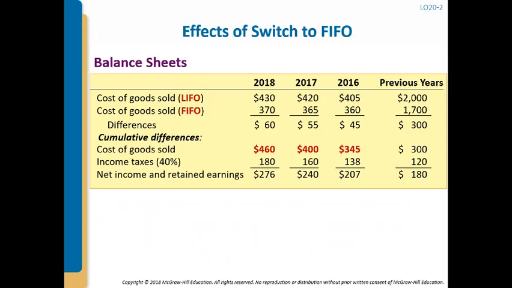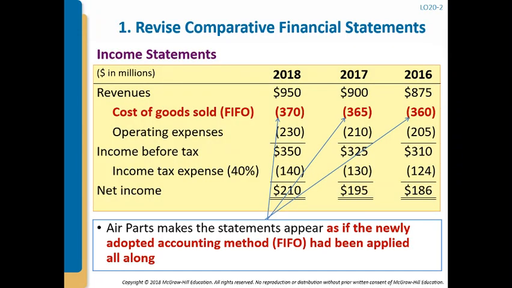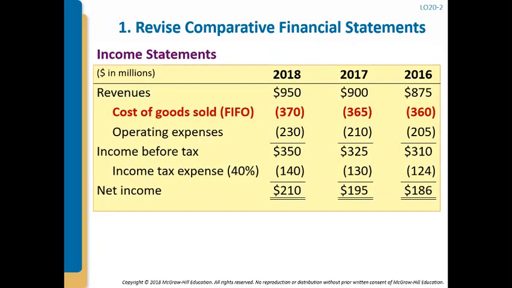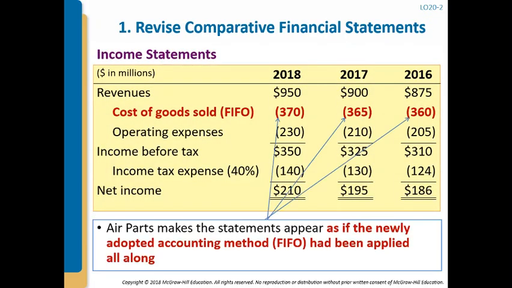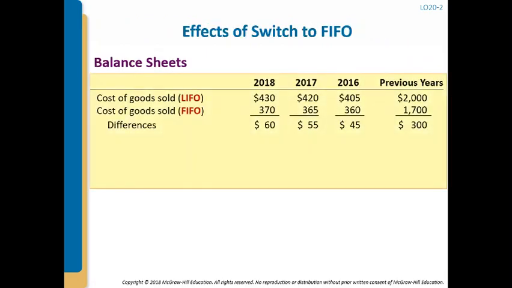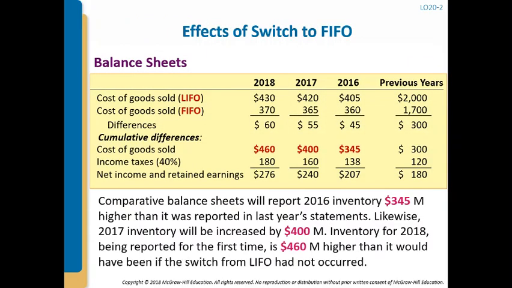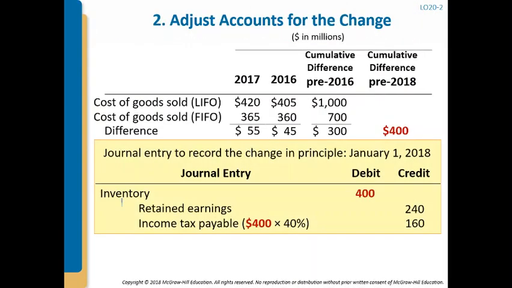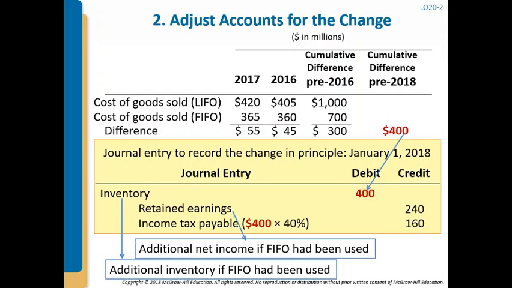Let's see where we found that number. Well, net income is going to increase, which is going to increase retained earnings. So it makes sense that you're going to have to adjust your retained earnings account, in this case, by 240 million.